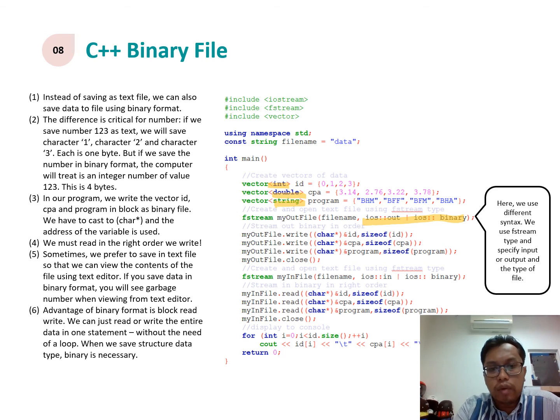This is what I call casting. And now you can save all the file. It's really simplified to write the file in the form of binary compared to the text file, where you have to use the loop and so on, like in the previous example.